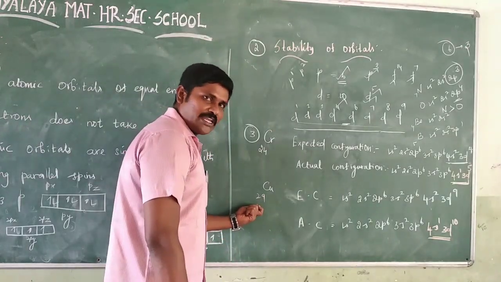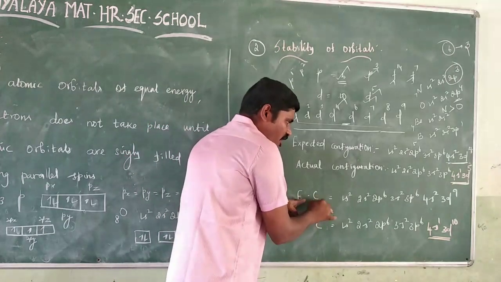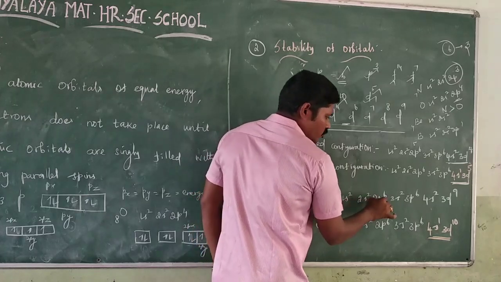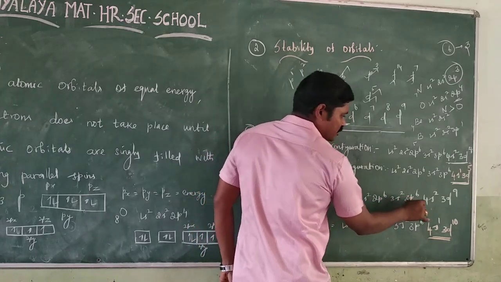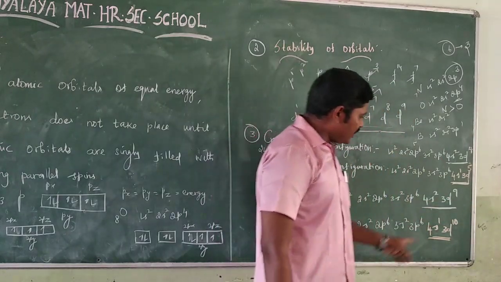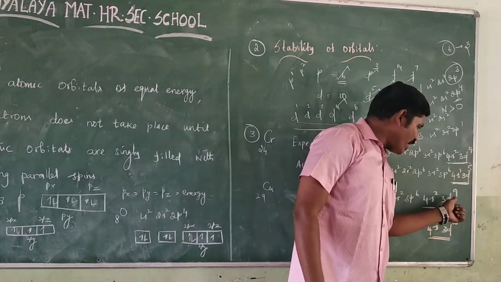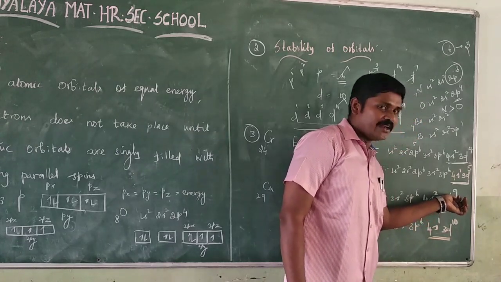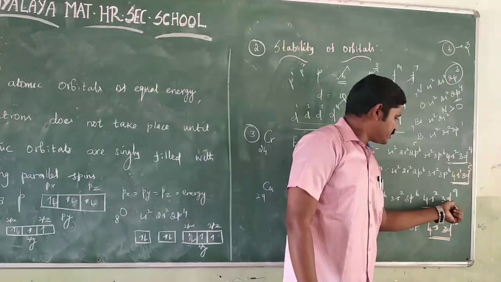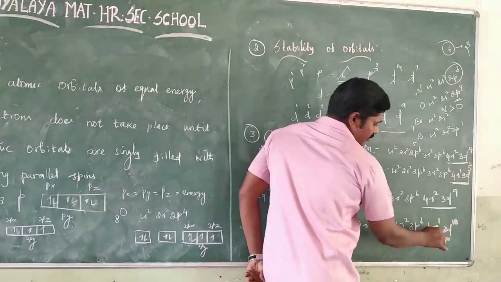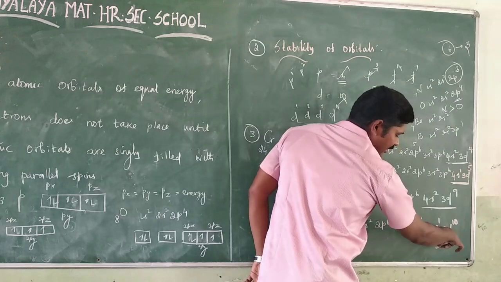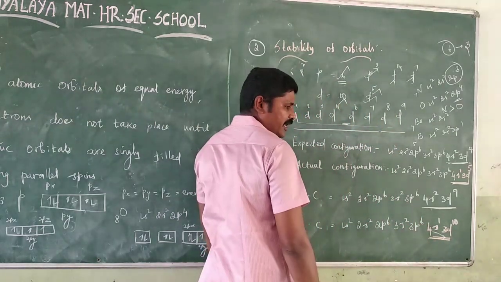Atomic number 29. Electronic configuration according to the Aufbau principle: 1s2, 2s2, 2p6, 3s2, 3p6, 4s2, 3d9. The 3d orbital needs one more electron to reach 3d10, a completely filled, more stable orbital. So one 4s electron goes to the 3d orbital.